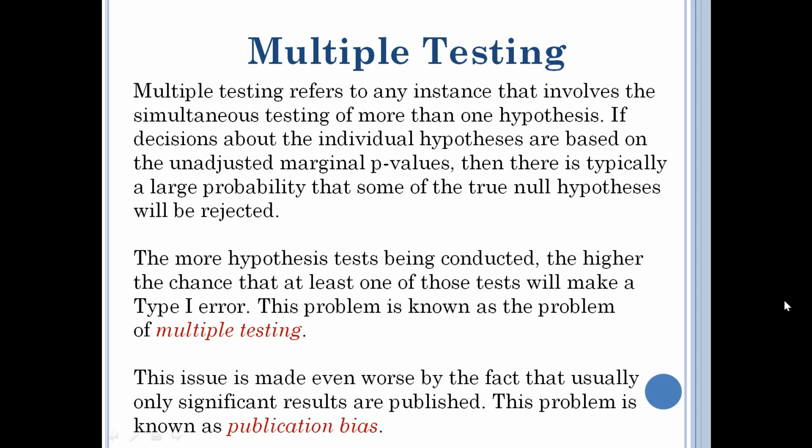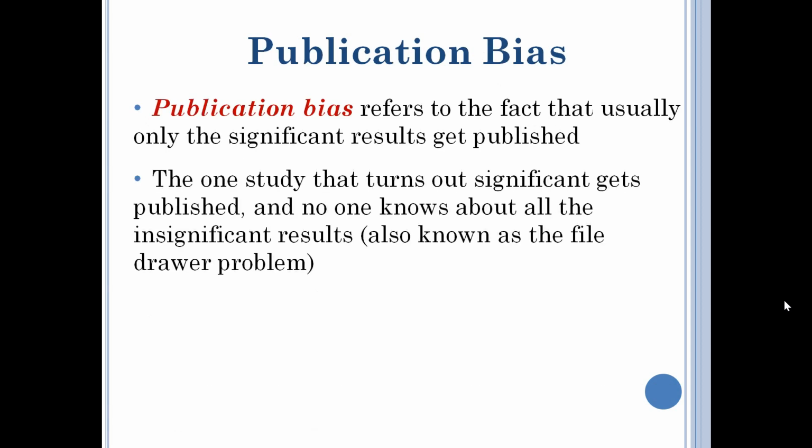Another problem is the publication bias. Now, what does that mean? Publication bias refers to the fact that usually only the significant results get published, and no one knows about the insignificant results. Now, keep in mind, most of the time we are rejecting the false null, and that's okay.